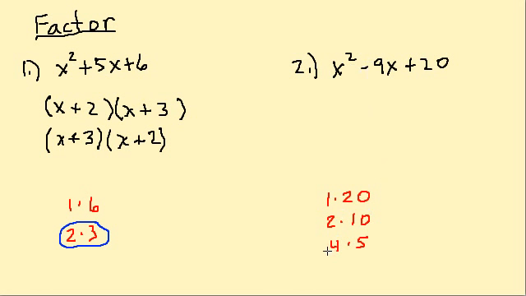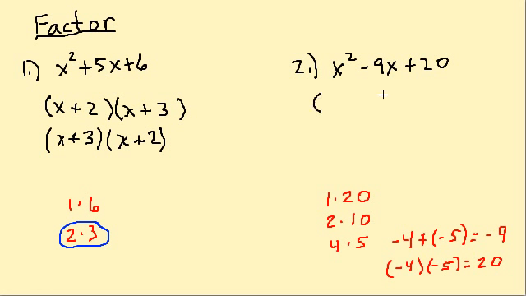So instead of using positive 4 and positive 5, how about if we try negative 4 plus negative 5? That equals negative 9. And negative 4 times negative 5, a negative times a negative is positive, so that does give us the positive 20. So we're going to use negative 4 and negative 5.